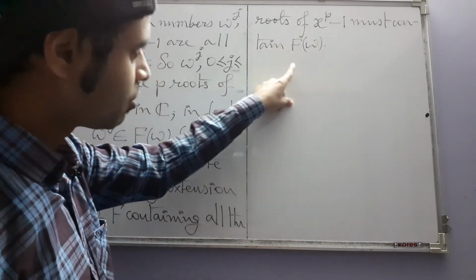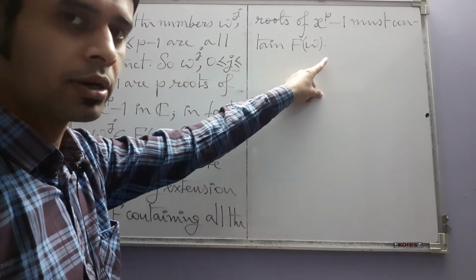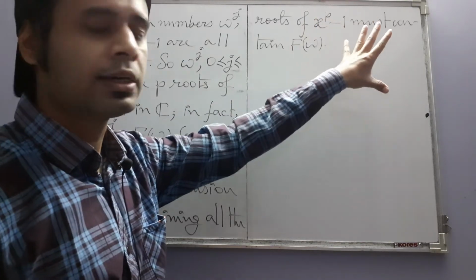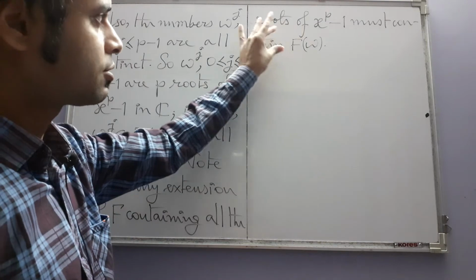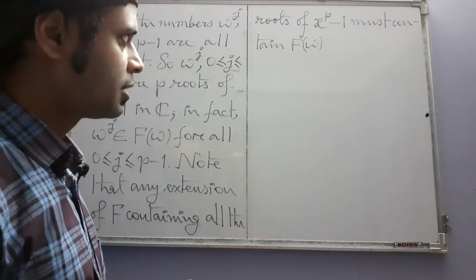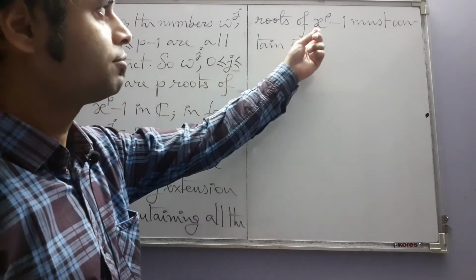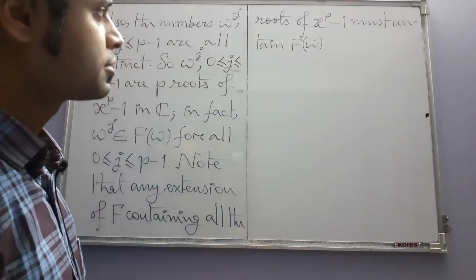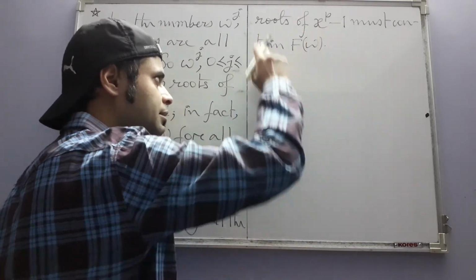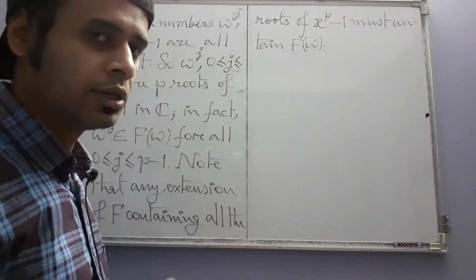But this is the smallest subfield of the field of complex numbers containing both f and omega, so that extension also must contain this, and as such f omega now becomes the splitting field of x to the power p minus 1, because x to the power p minus 1 already splits over this field completely as a product of linear factors.